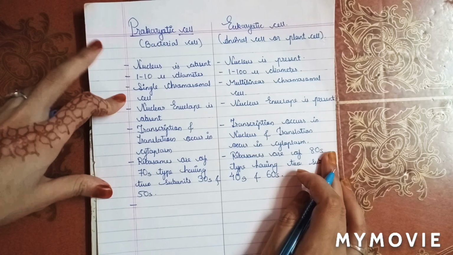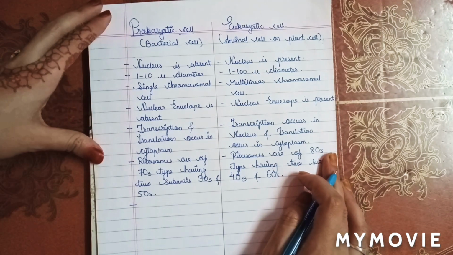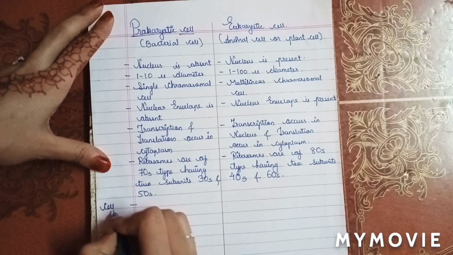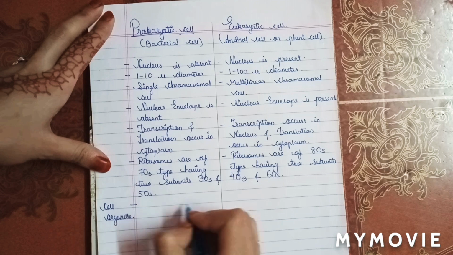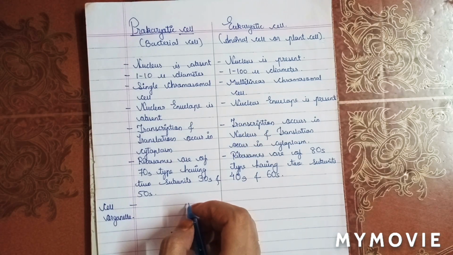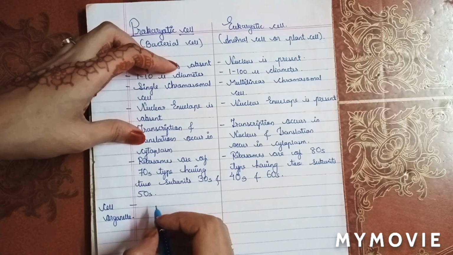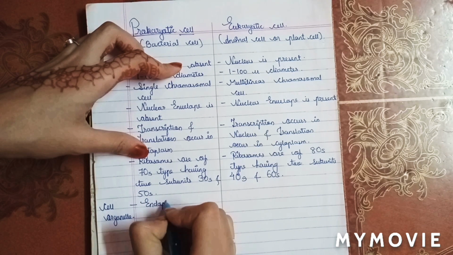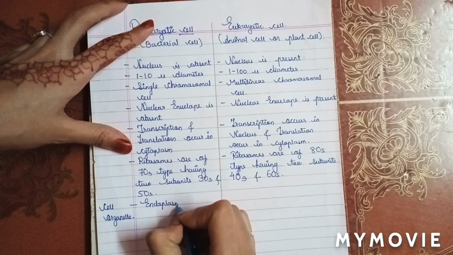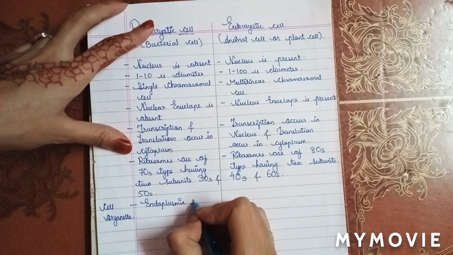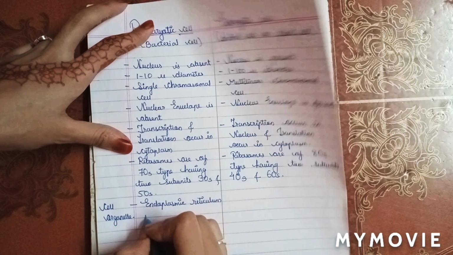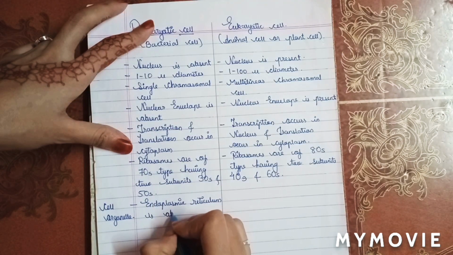Now we will talk about the cell organelles. In case of prokaryotic cell, endoplasmic reticulum is absent.